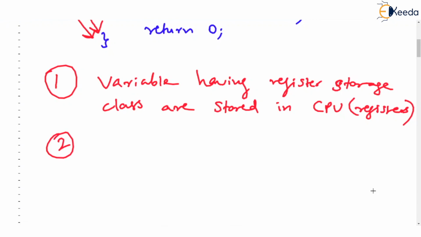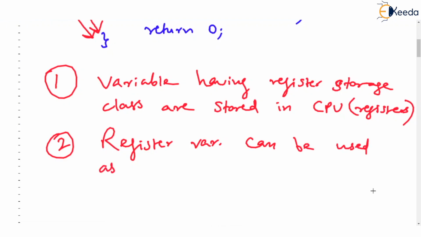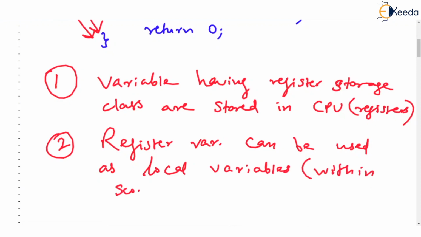Second point is register variables. I'll write in short. Register variables can be used as local variables. Just check local variables. Only within the scope. Please try to understand. So in a sense, they are same as auto variables.